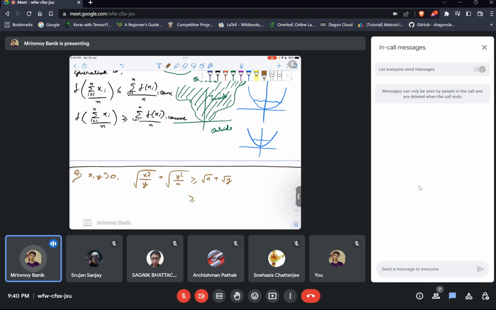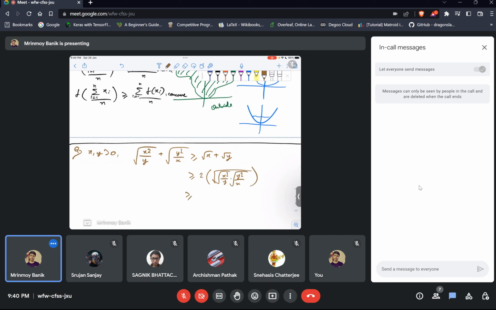So the sum is greater than or equal to twice the square root of x squared by y times y squared by x, square root. So this is power 1/4. The x and x get cancelled, so do y and y. So we have xy.